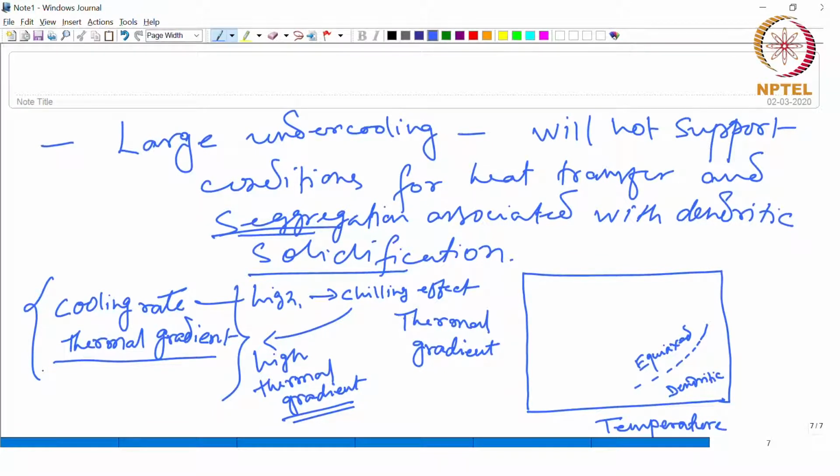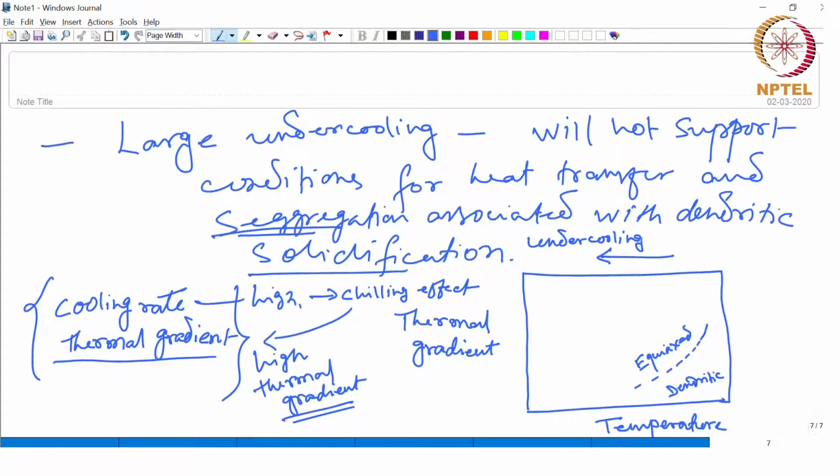Okay. As you have higher thermal gradient, the microstructure will be equiaxed and finer as well, that you can see from here. And as you go towards lower temperature, that also means that you have high undercooling.